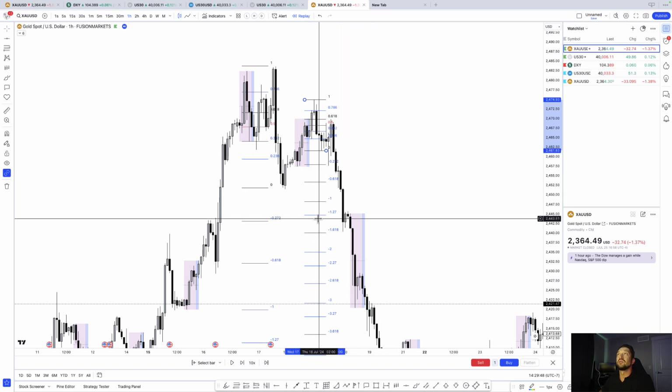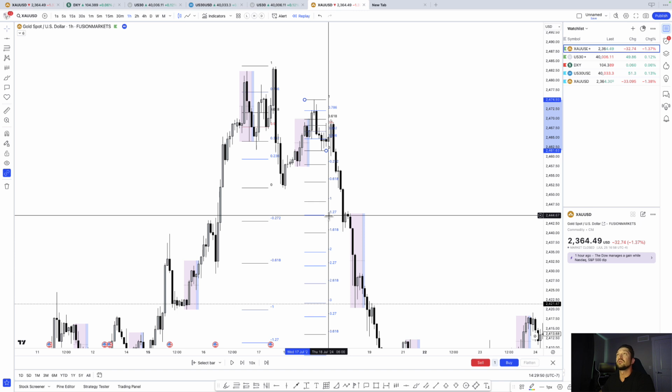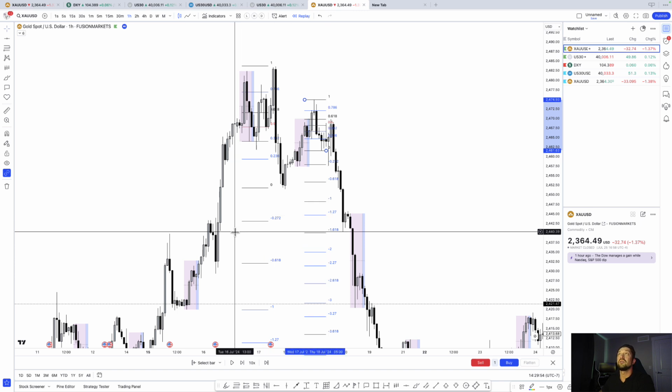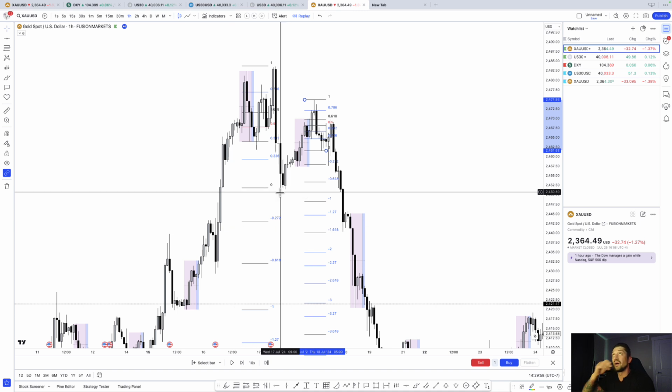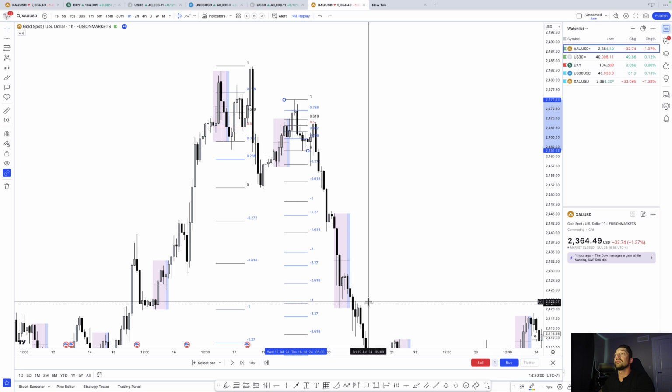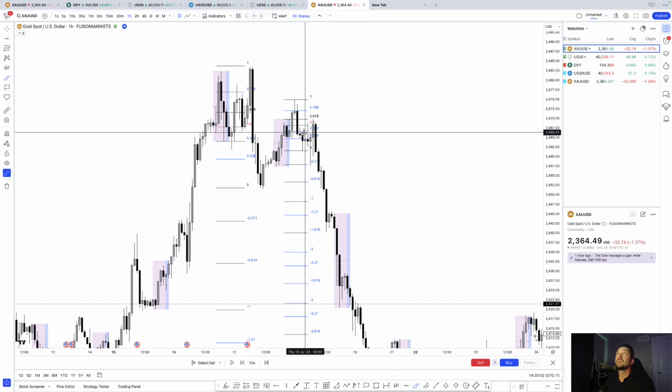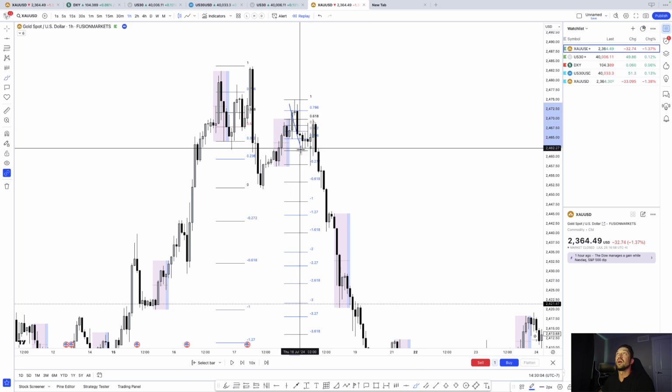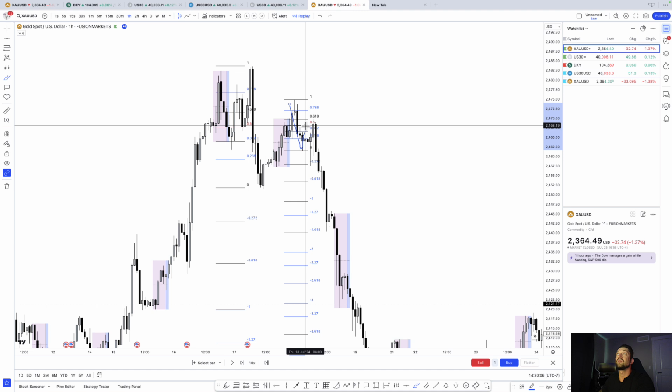I could have probably held this down to here. My initial TP for this, if I'm being totally honest, was actually down here. I was not too happy about closing out here, but the reason I got that TP is the initial reaction. We get a pullback. The deeper the pullback, the further the expansion.